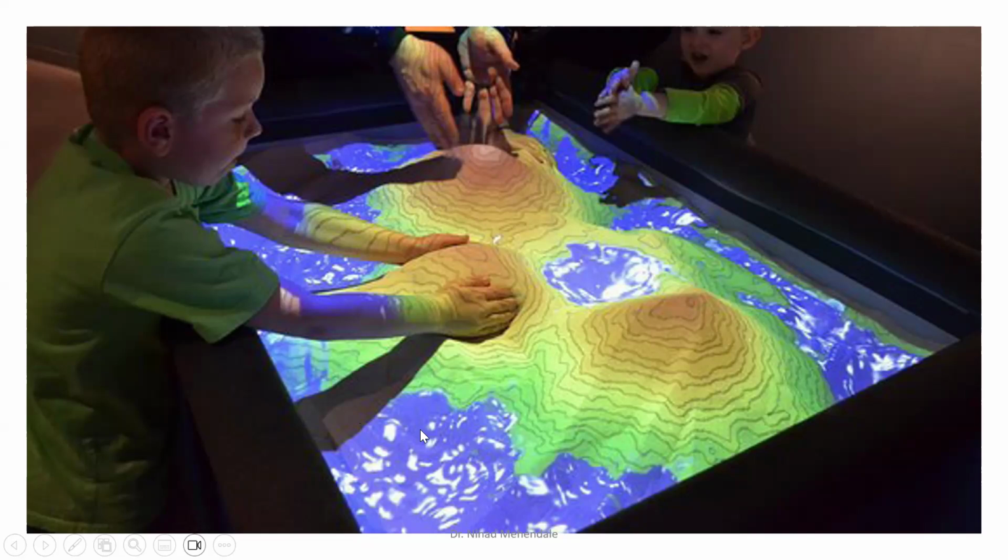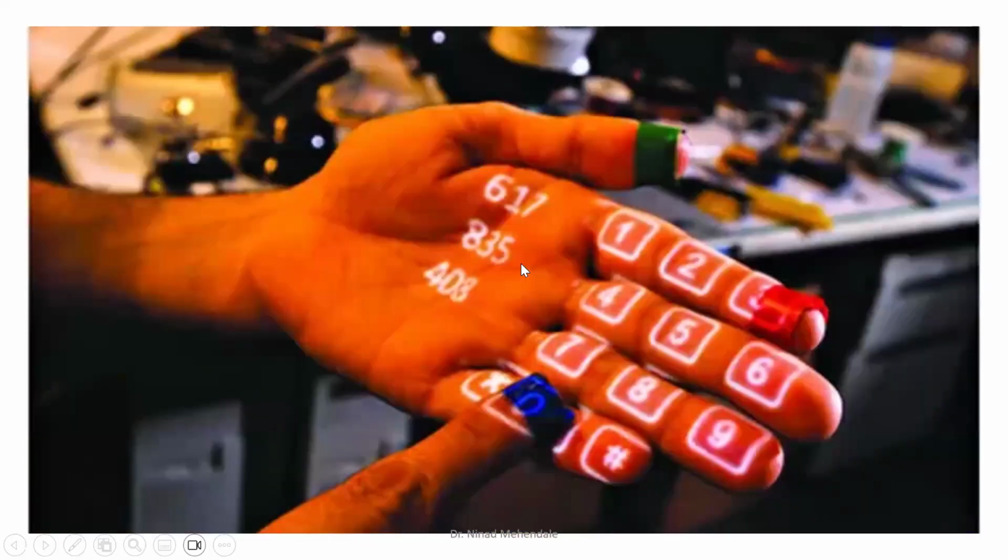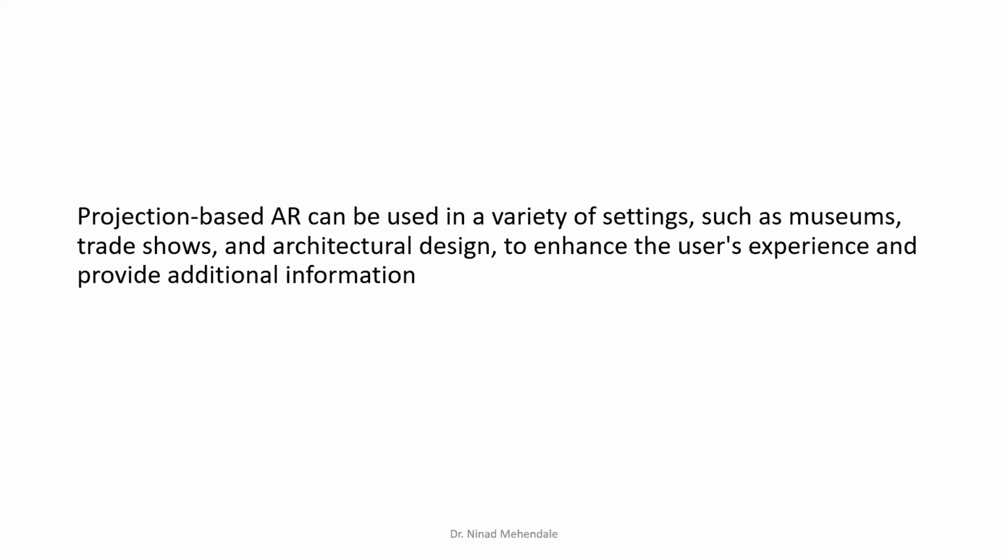So blue is the lower region and red is the higher region, and they are just projected on top of these mountains. Then you have another example where a dial pad came out of the ring, and this projection can be used to dial a call. And this is again an example of projection based reality.